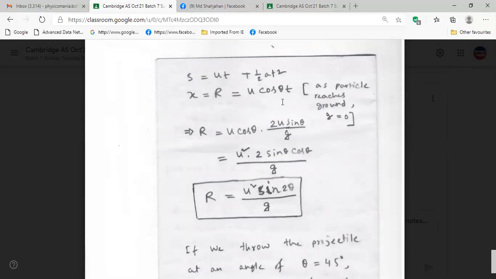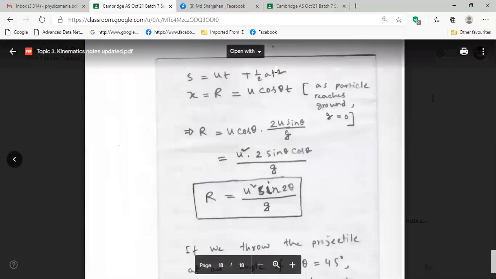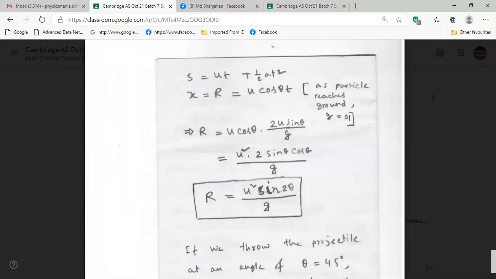We have the effect of gravity for the vertical component, because when the object is moving against gravity, it has a gravitational effect. So our second part is coming zero. You see, I wrote here, as particle reaches ground, g equals 0. Is it clear? Yes, sir.